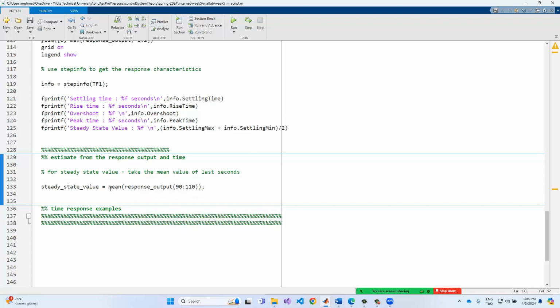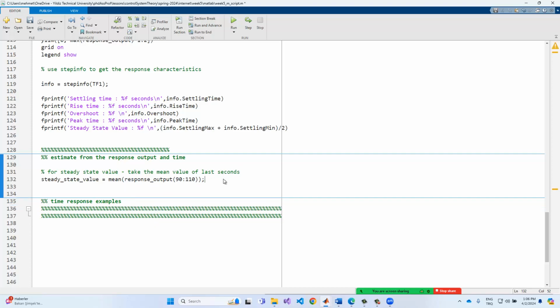It's the average value of the response output, because at the last case we have the correct steady state, but we need at least 20 measurements to calculate this value, in order to better approximate the correct values of our terms.